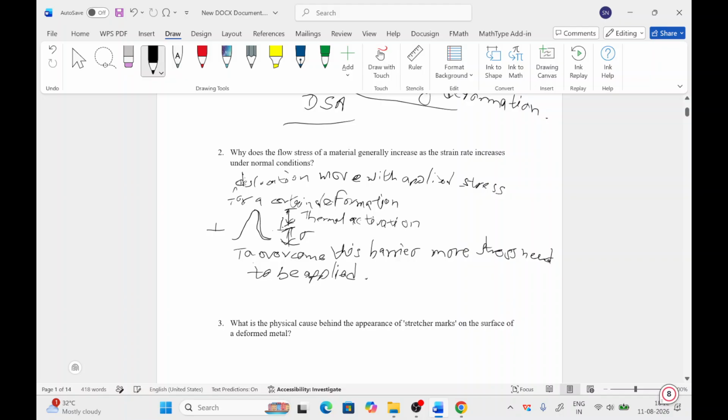That's why higher stress is needed as the strain rate increases under normal conditions.